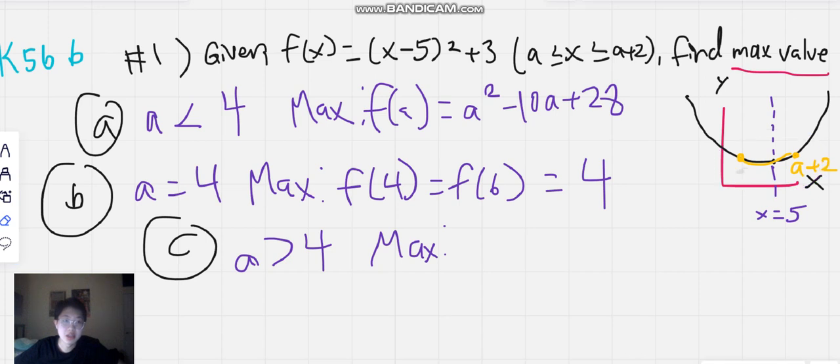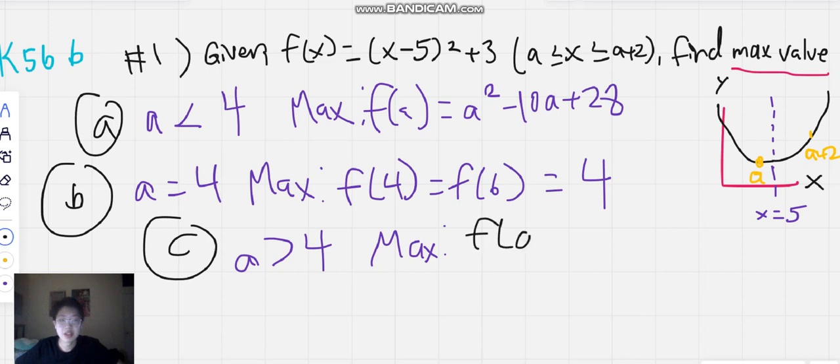But let's say a is greater than 4 now. Let's say a is over here and a plus 2 is over here. As you can clearly see, f of a plus 2 is now higher than f of a. So that's going to be our maximum: f of a plus 2.